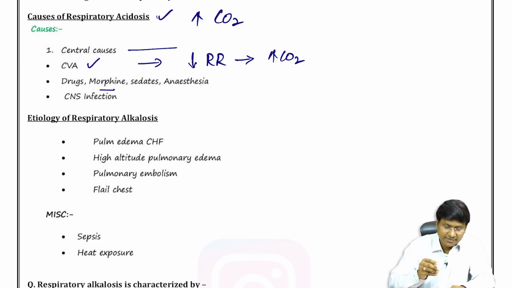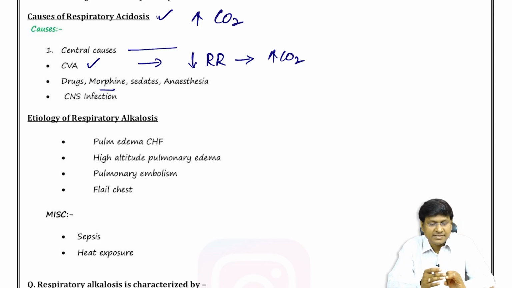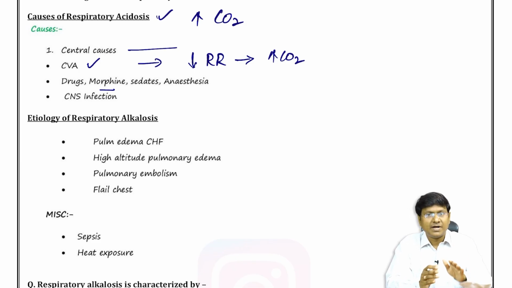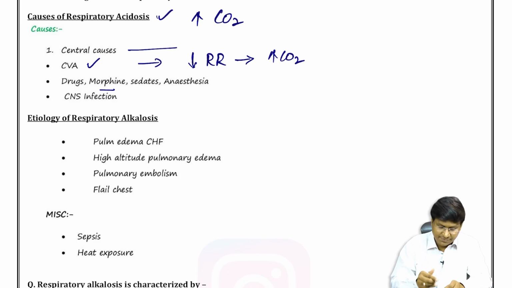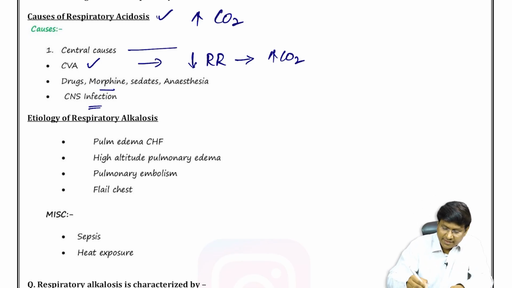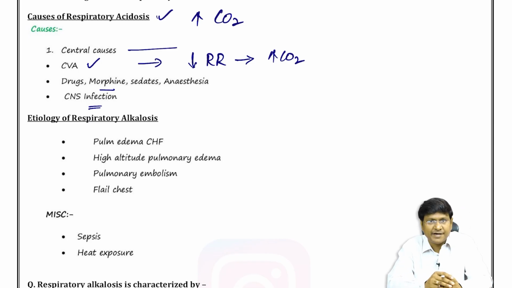Then followed by that, drugs like morphine, sedatives and anesthetics. These suppress the respiratory center. Once they suppress the respiratory center, what will happen to the carbon dioxide levels? Increases. Next is CNS infection. All these are the central causes for an increase in carbon dioxide levels, right? And that will result in the development of respiratory acidosis.